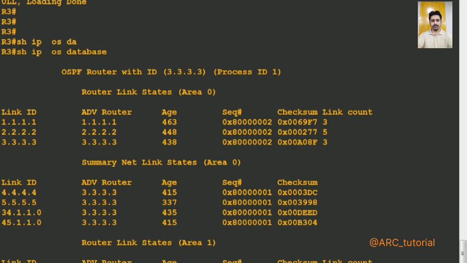Now, ABR is also responsible to break, I will not say break router LSAs. I will say, let's say that it has the database of area 0. It will run the SPF algorithm. It will install the best routes inside its routing table, and for those best routes only, it will create summary LSAs.